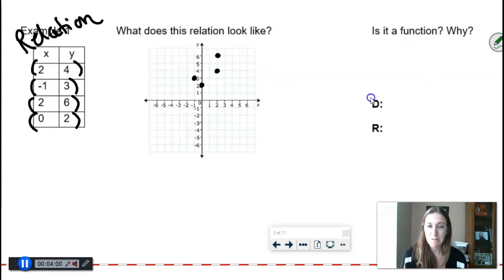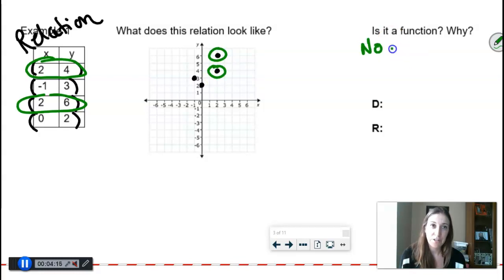The definition of a function said every x value has only one y value. So here's the problem I'm running into: these 2 ordered pairs. I'm going to say no, it's not a function.